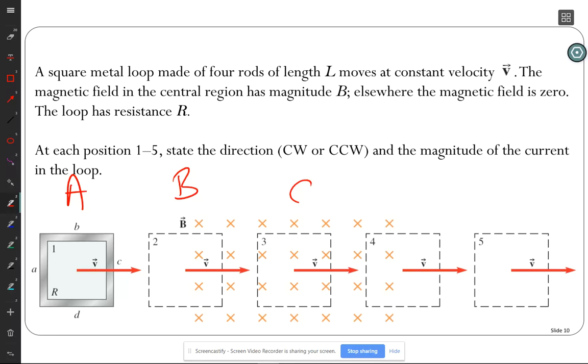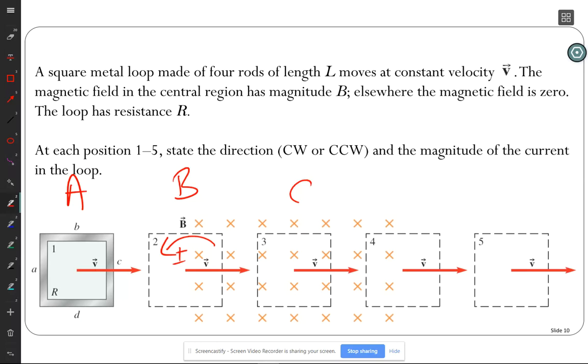The magnetic field is pointing this way, and since it's getting stronger, we need an induced magnetic field that comes in this direction. So we're going to have a current that goes like that to make a magnetic field opposing the change.